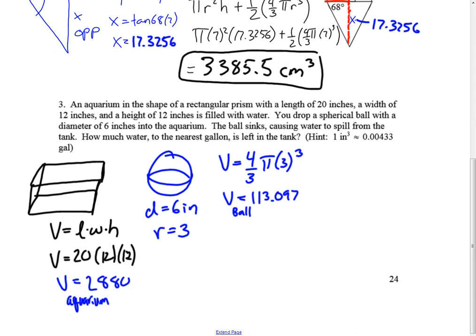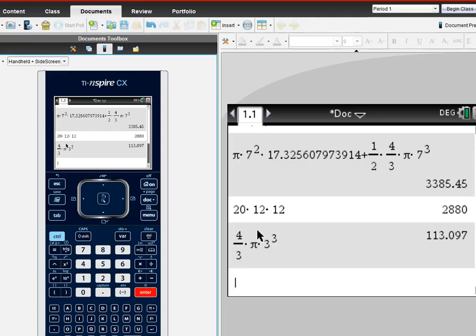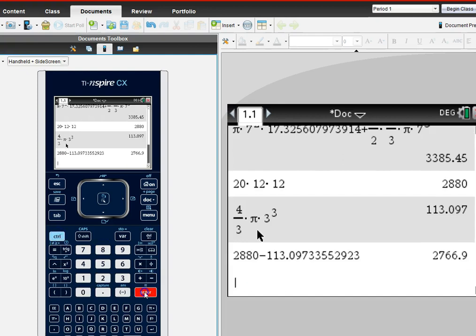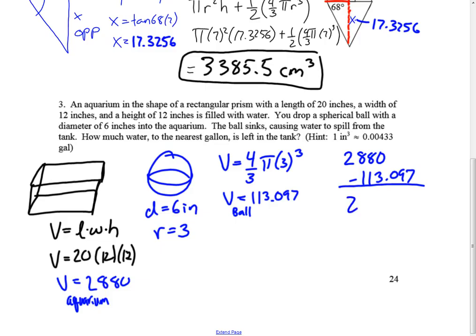What we need to do is subtract 2,880 minus 113.097. So 2,880 minus our previous answer is 2,766.9. That's the remaining volume.